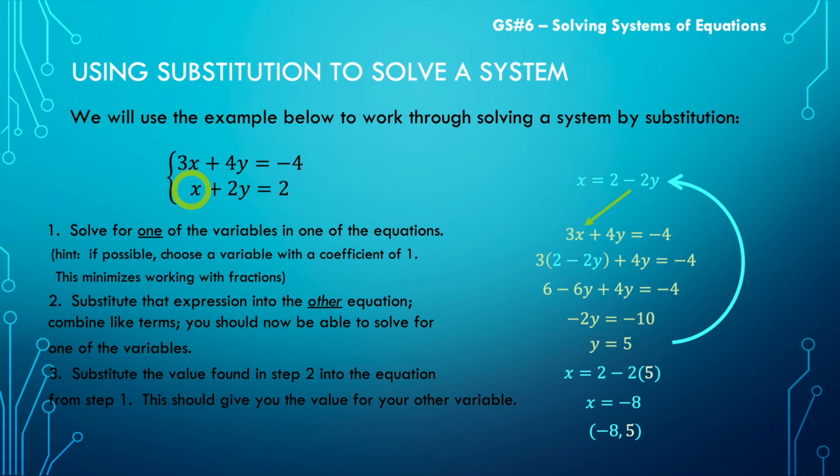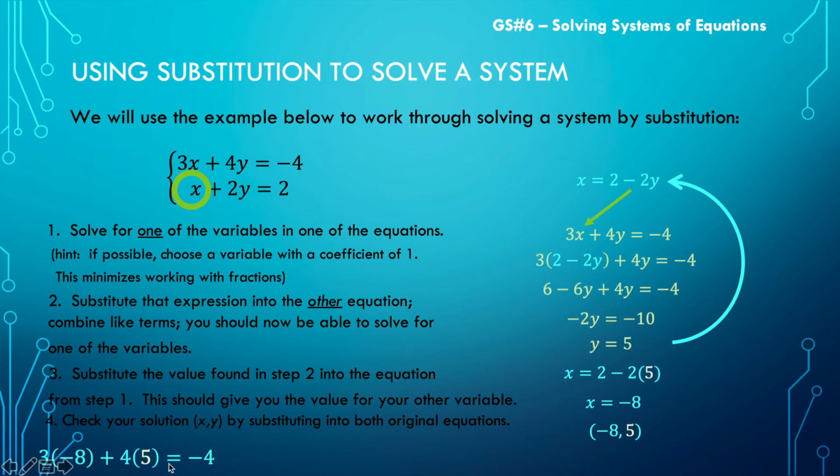So let us do the fourth step, and we want to check our solution by substituting our x and y values into both of the original equations and just verifying that it works. So if I sub that negative 8, positive 5 into the first equation, right here for x is negative 8 and here for y is equal to 5, we end up with 3 times negative 8 plus 4 times 5 is equal to negative 4.